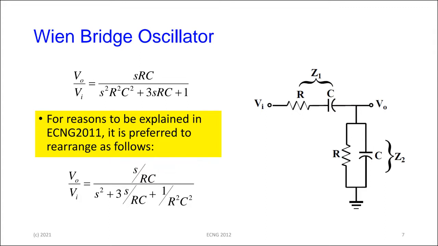So to get that, we divide through by R squared C squared, and you get this version of the expression. It's easy to derive as well, so you could remember that one and work with it. There's no harm in it. It's just that for analysis purposes it's easier and more straightforward with the coefficient of S squared as 1.